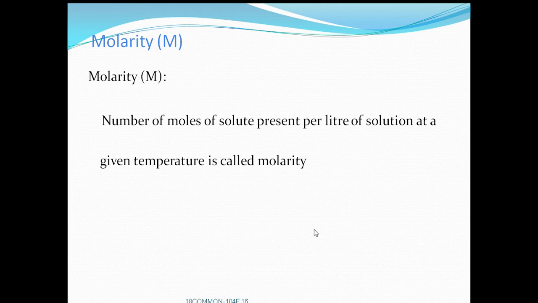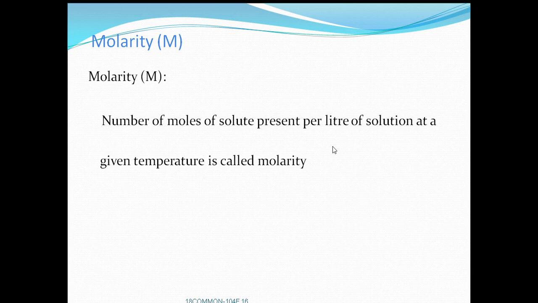Right, let us start. What is molarity? Molarity is indicated by the letter capital M. The definition: the number of moles of solute present in 1 liter of solution at a given temperature is called molarity, capital M. Once again I am repeating, the number of moles of solute present in 1 liter of solution is called molarity.